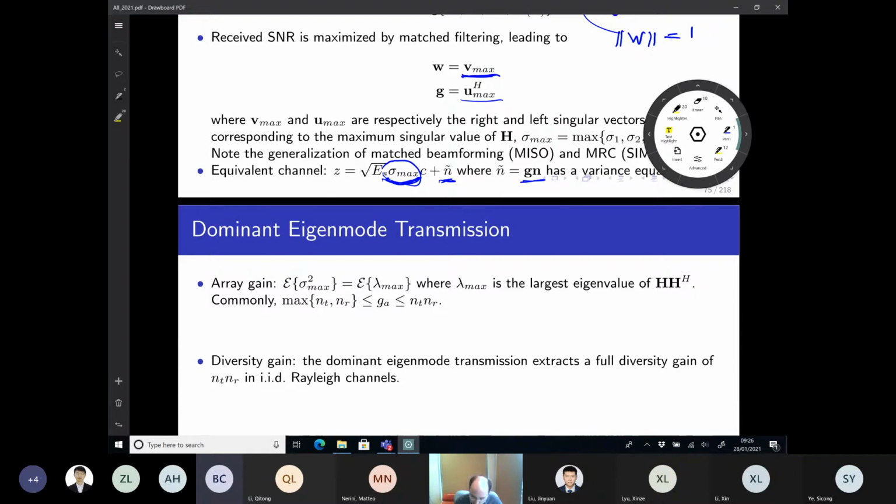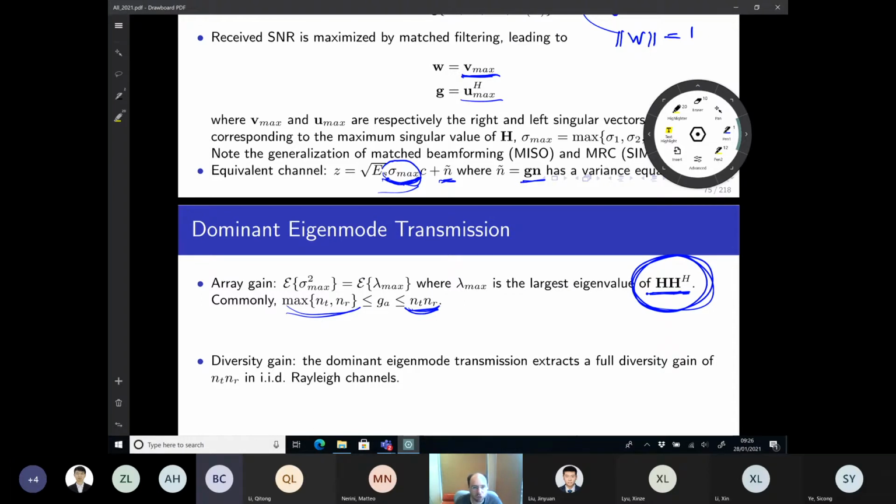Typically this quantity is between the maximum of NT and NR, and the product of NT and NR.